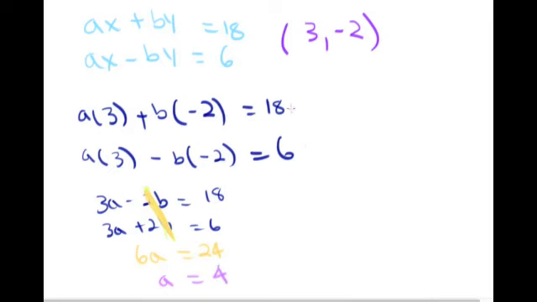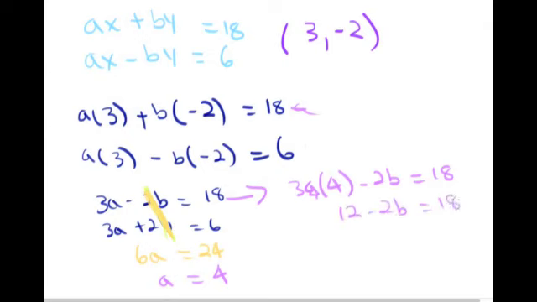So we get a is equal to 4. So we just plug it back into the original equation right here. Not this one, this one. So 3 times 4 minus 2b equals 18. So 12 minus 2b equals 18. Negative 2b is equal to 6. b is equal to negative 3.